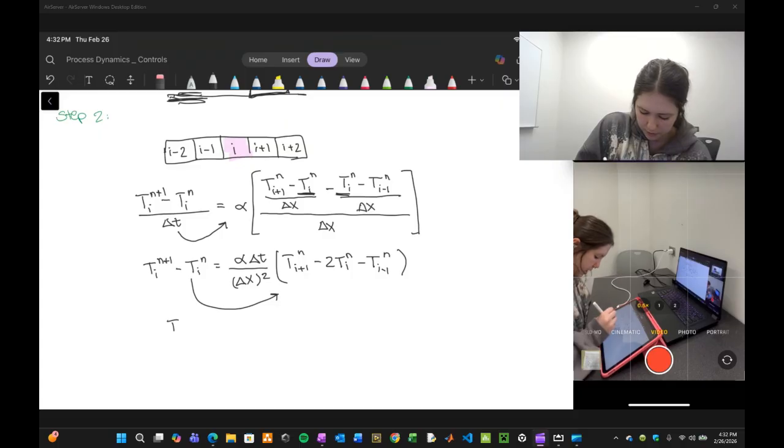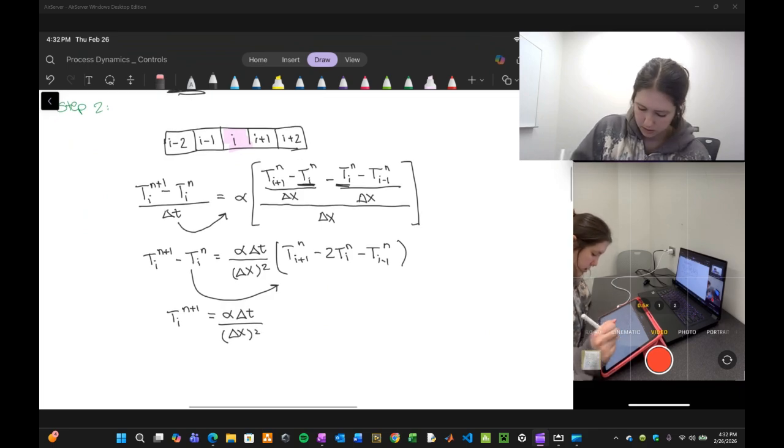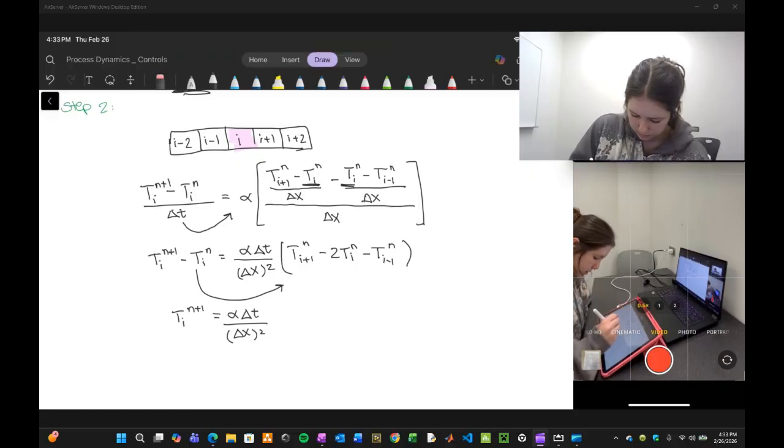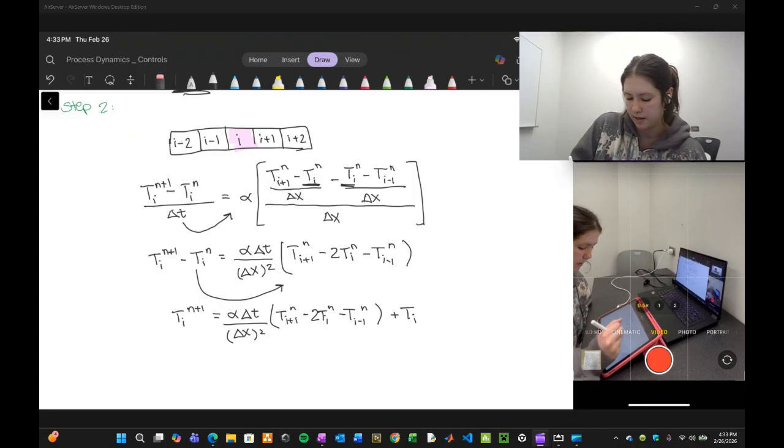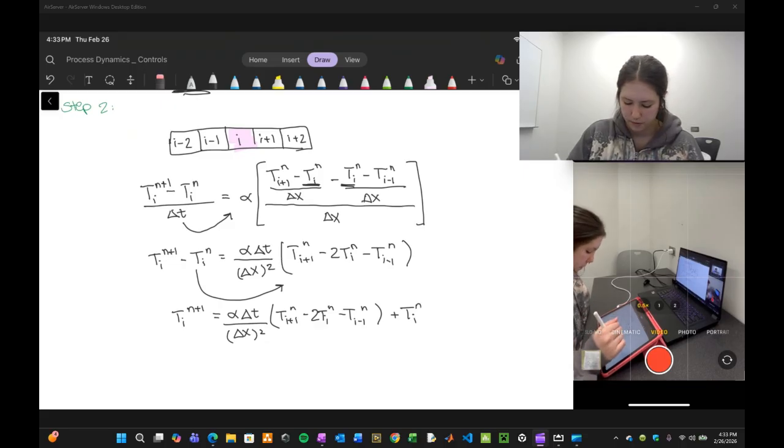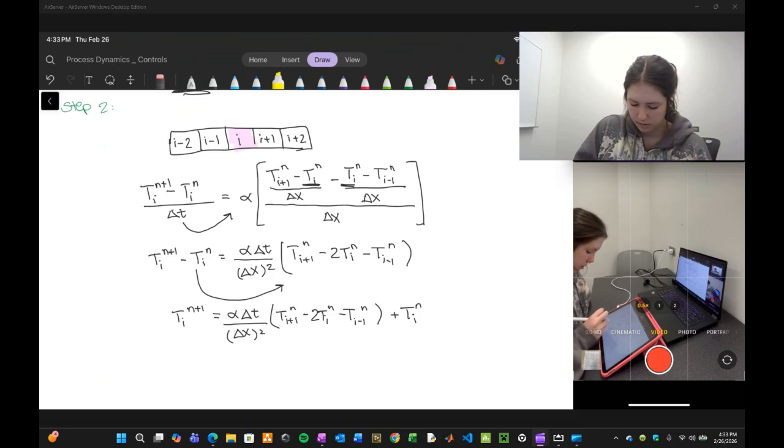So we get the temperature of position I at time n plus 1 equal to the term here, plus the temperature at position I at the time of n. So that is our equation.